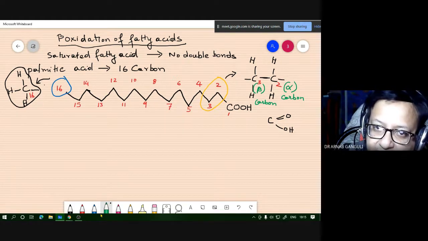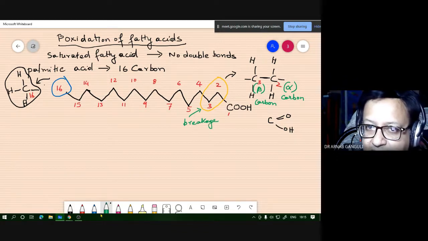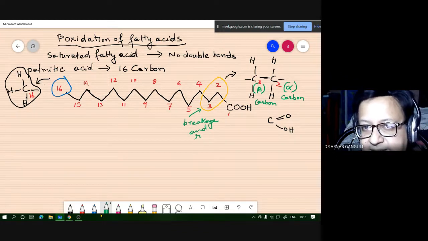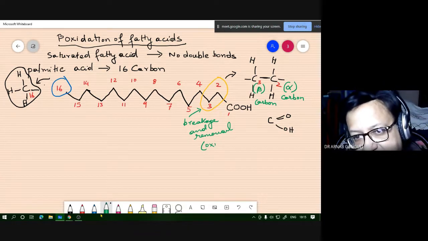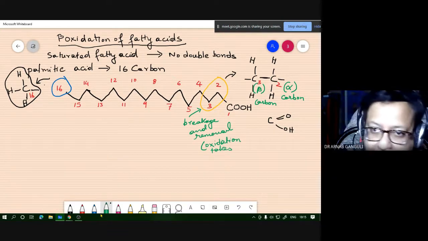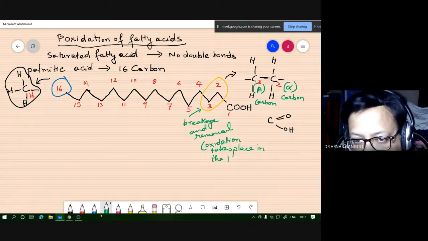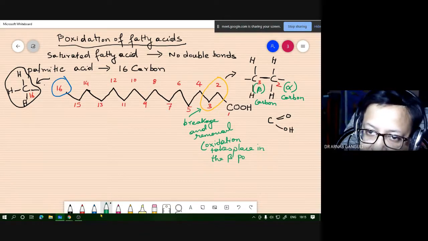At this point, there is the breakage and removal, basically, and oxidation takes place in the beta position.